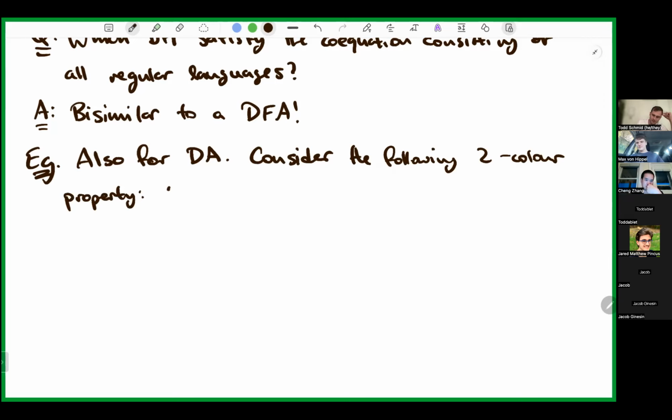So you want to fix two words, W and U. And the property is going to be the set of all trees in two colors, such that the color, if you follow the tree down one way, is the same as the color if you follow the tree down the other way.